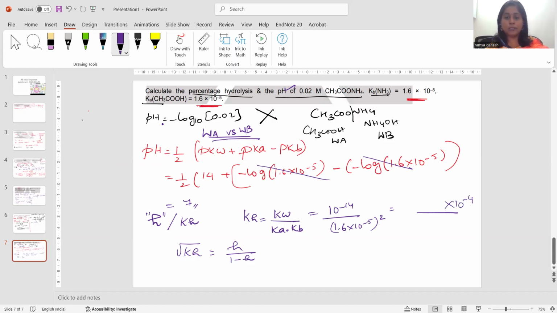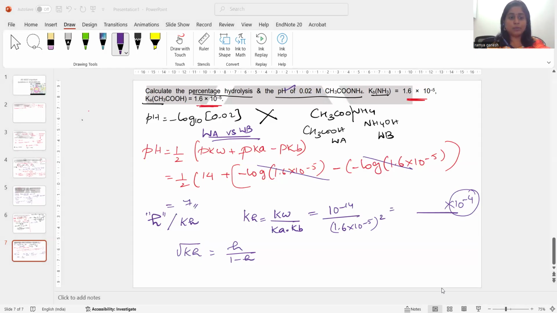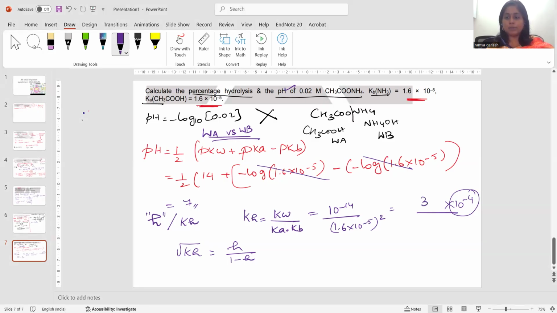I am grossly doing it, which is definitely less. What do we understand from this? I could understand maybe something around 3.9. When will this Kh value be less?